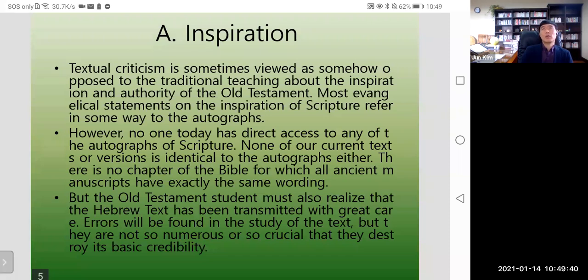If we have the autograph, which means the original Bible, the first Bible, then the problem is solved. But the problem is we don't have autographs, the original copy, but we have all different kinds of variant readings, manuscripts, and versions. So how are you going to understand the concept of inspiration?